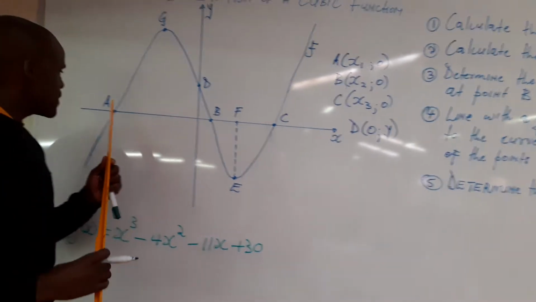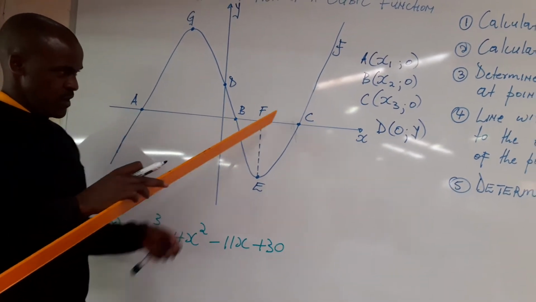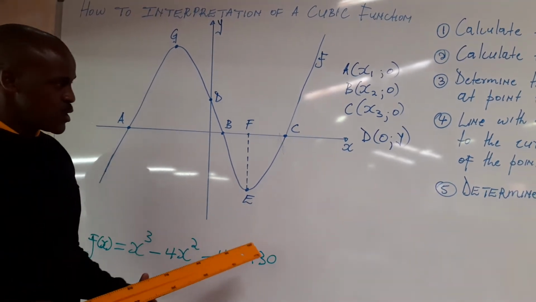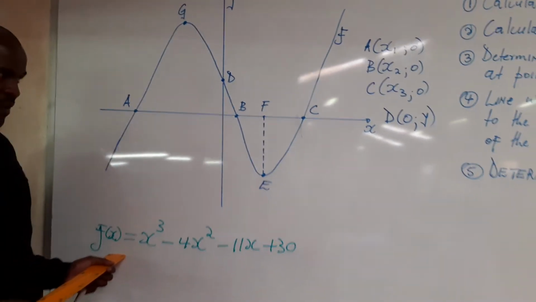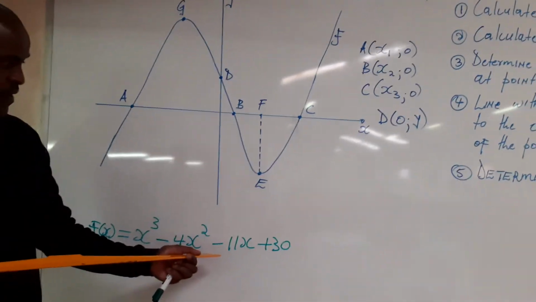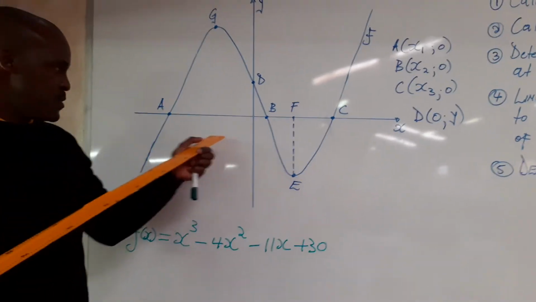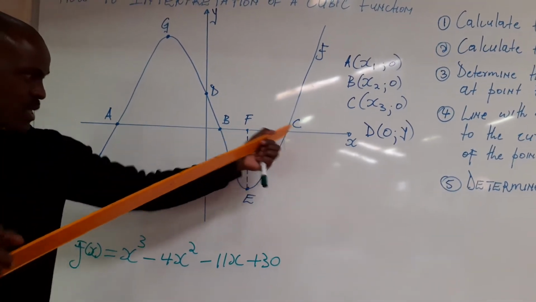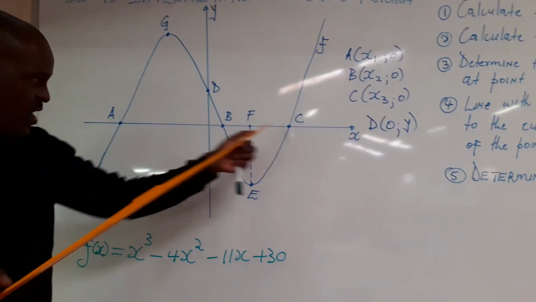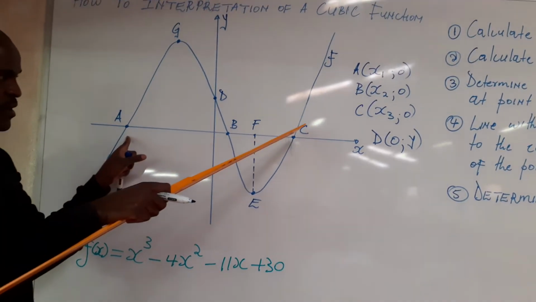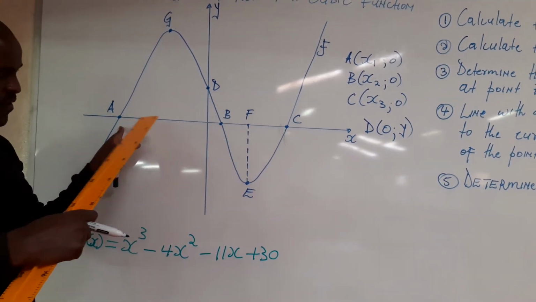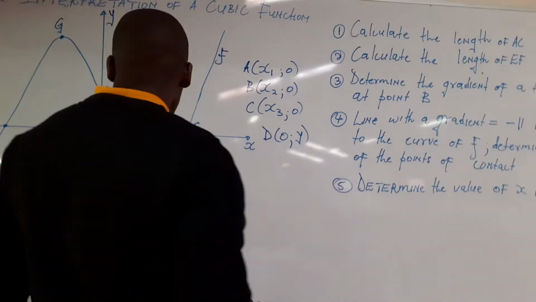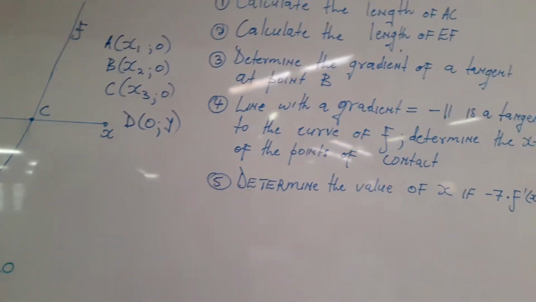When you look here, you've got point A, point B, point C. These are our x-intercepts, so you need to find the x-intercepts to know the x values at each of those points, because the length from A to C requires the values of x. So let us firstly find the x-intercepts.